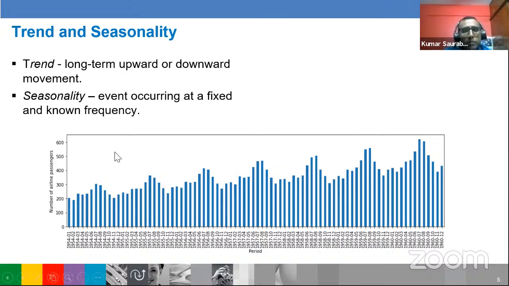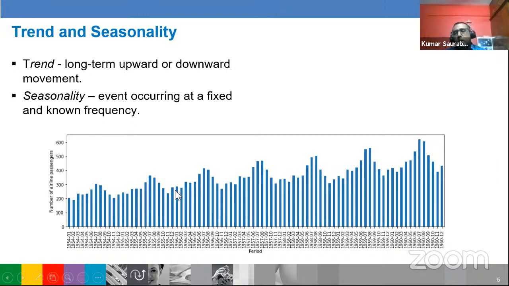And then another pattern that you see is that there is some periodic event over here. For example, there is a peak occurring every year in the month of July. The number of travelers in July is the maximum in a given year, right? So every year, if you see July, there is a peak. And gradually it comes down and again increases and gradually comes down.